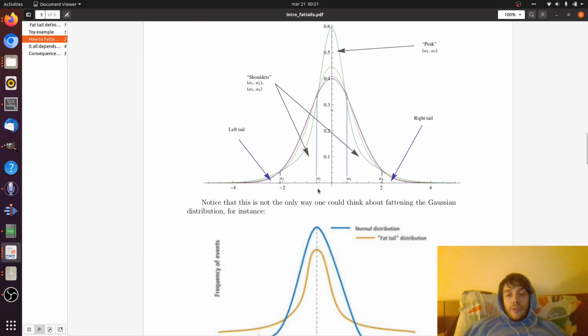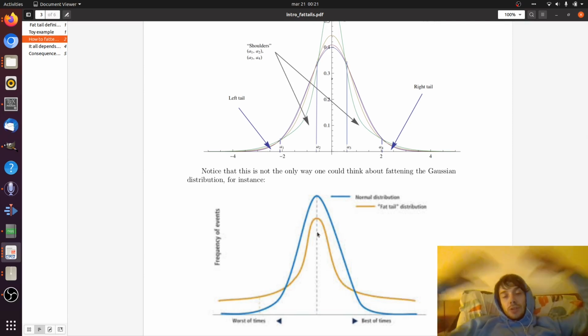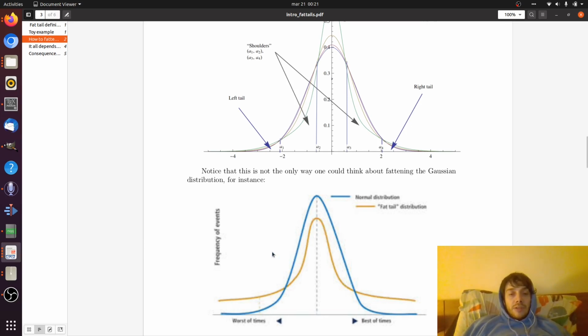But of course, this is not the only way one can think about fattening a Gaussian. One can think about fattening a Gaussian by just pushing down the center of a Gaussian. And here in light blue, you see the Gaussian distribution, and here you can see that if you push down the center, you obtain this kind of fat tail distribution in yellow, orange, whatever this color is.